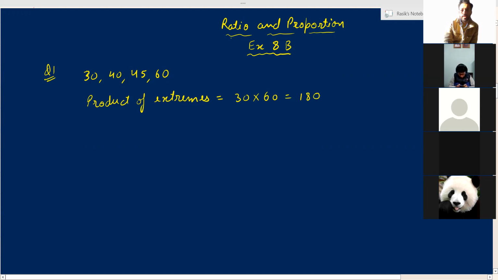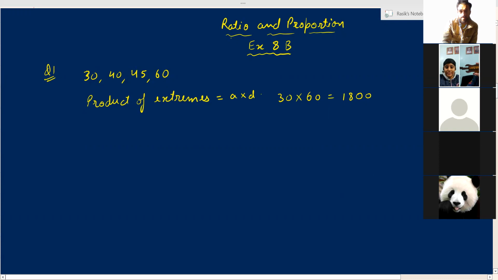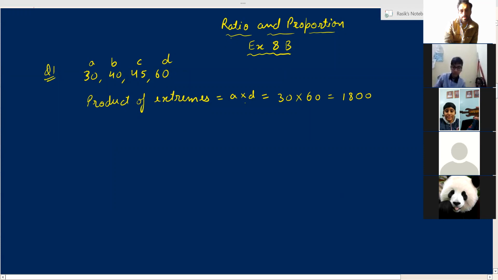You get 1800. You can also write A into D. This is the formula of the product of extremes. The first number is A, the last number is D, the second is B, and the third is C. So A, B, C, D. First and last number you multiply, A into D, and you get 1800.